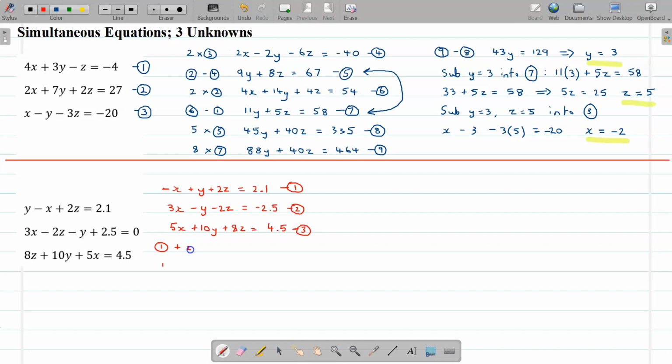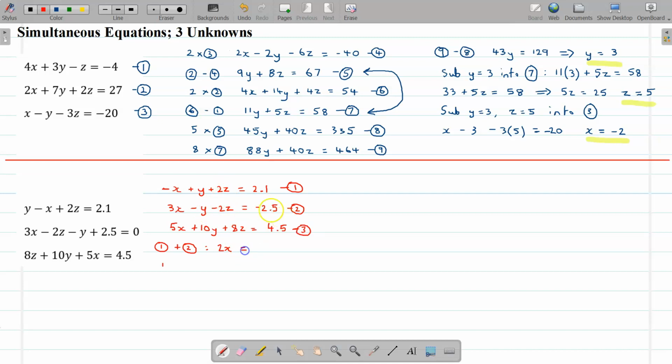Now, of course, you wouldn't normally get something like that. Well, you might do, but you can't assume that. So this is making it easier to start with. So minus x plus 3x is 2x. Add y and minus y together, we get 0. 2z and minus 2z is 0.